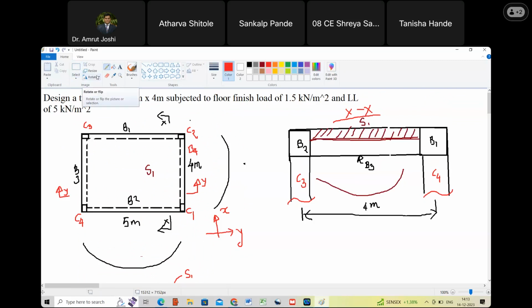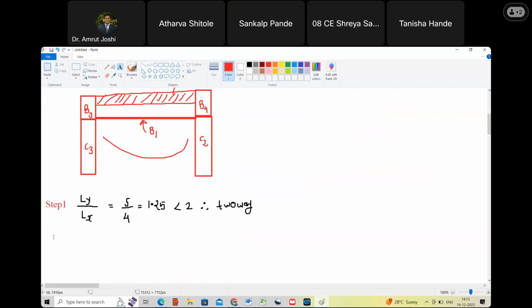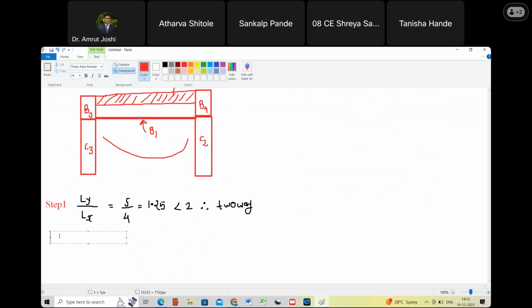Yes, sir. But before that I need to calculate the thickness of the slab. So the step 2 here, this was step 1. So let me mark that step 1. In step 1, what did we do? We checked whether the slab is one way or two way. So Ly by Lx is less than 2, and the slab is surrounded on all sides by the beams, therefore it is a two-way slab.